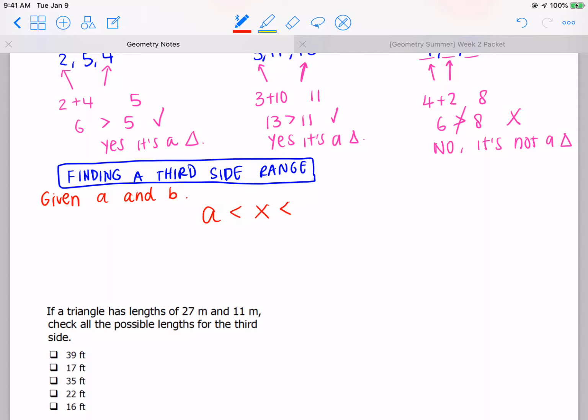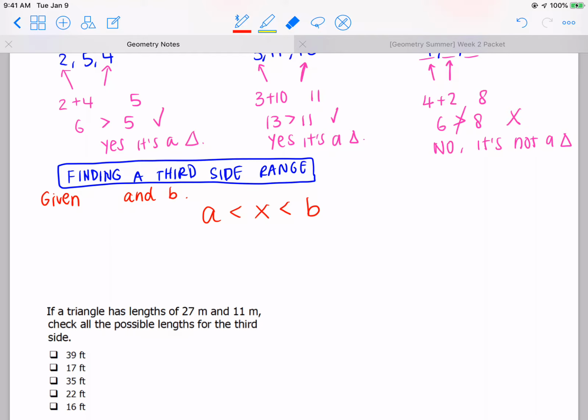Remember, an inequality has an x in the middle, in between with two less than signs, A and B.